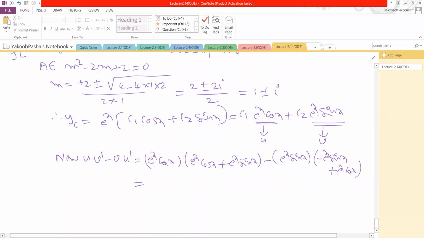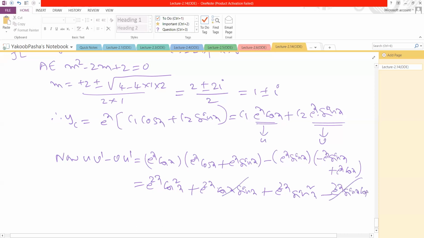So here e power 2x cos square x, first term, plus e power 2x cos x into sin x, minus, plus e power 2x into sin square x, minus e power 2x into sin x cos x.